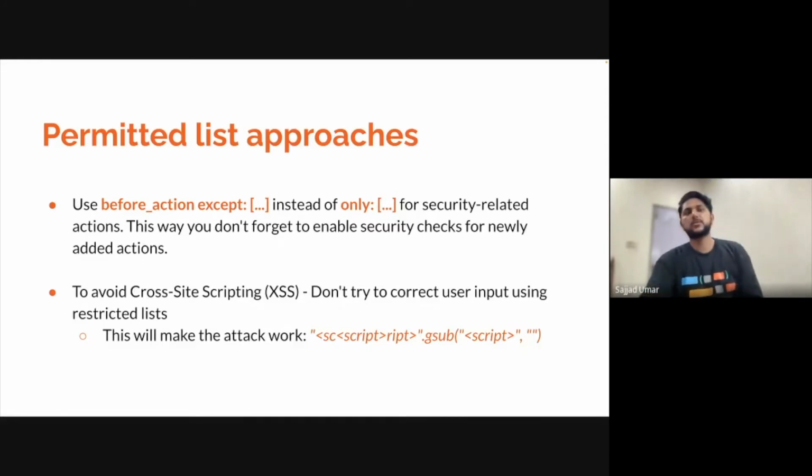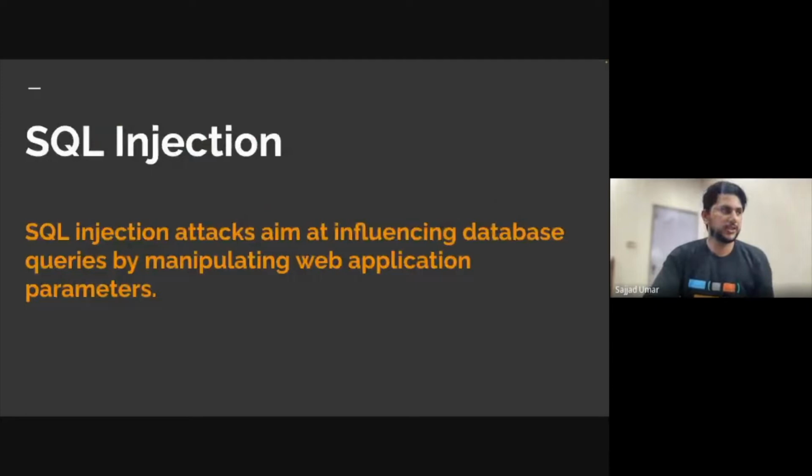So what basically are SQL injections? SQL injection attacks aim at influencing database queries by manipulating web application parameters. So, by definition, it is pretty clear that these attacks basically aim to get access to database and the data within.